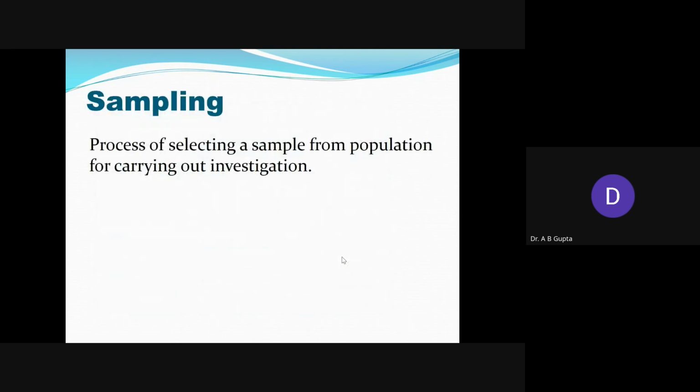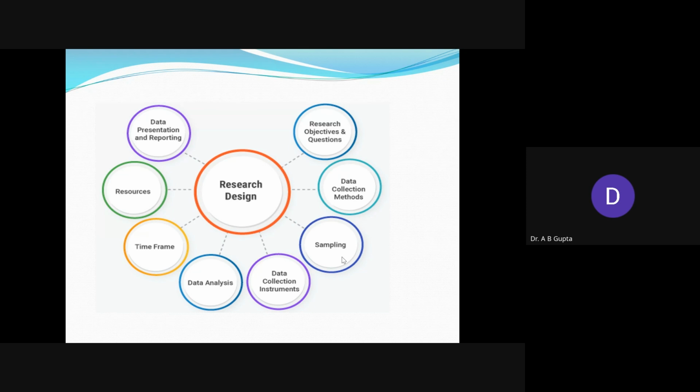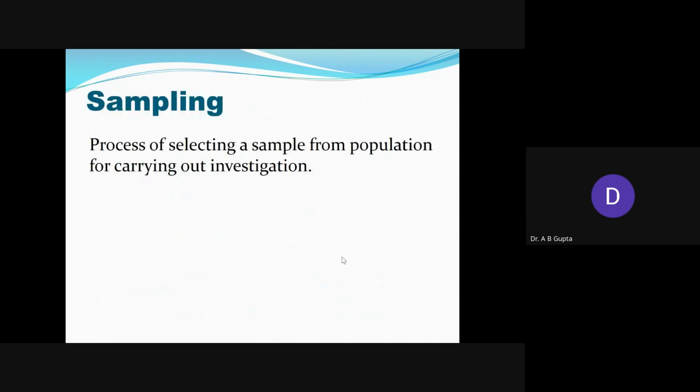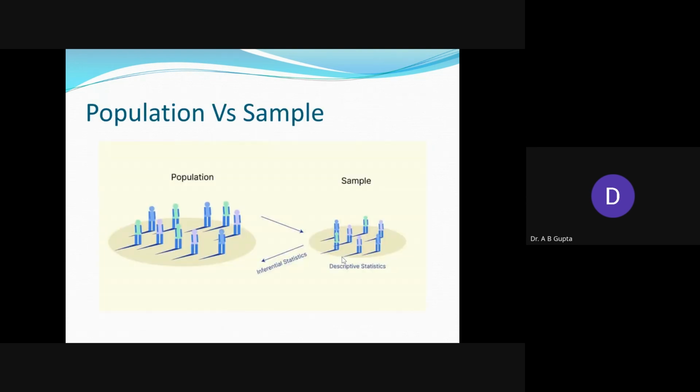Okay, so selecting a sample will be covered in a separate session, but you must have clarity that sampling is part of research design. Okay, sampling is part of research design, and we will tell you how to select the sample, what are various techniques of selecting the sample, but you need to have clarity that population is the larger group, and out of the population you select the sample, because it will be very time consuming.